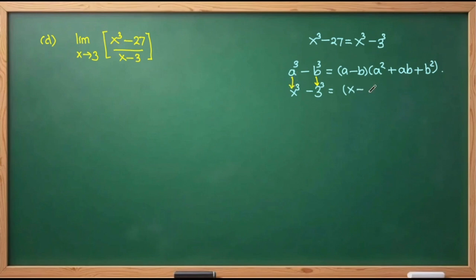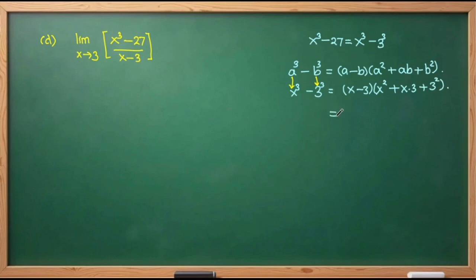So let's continue. We have here 3, then we close the first bracket, and then the second bracket is x squared plus a, which is also x, multiplied by b, which is 3, then plus b squared, and that is 3 squared.